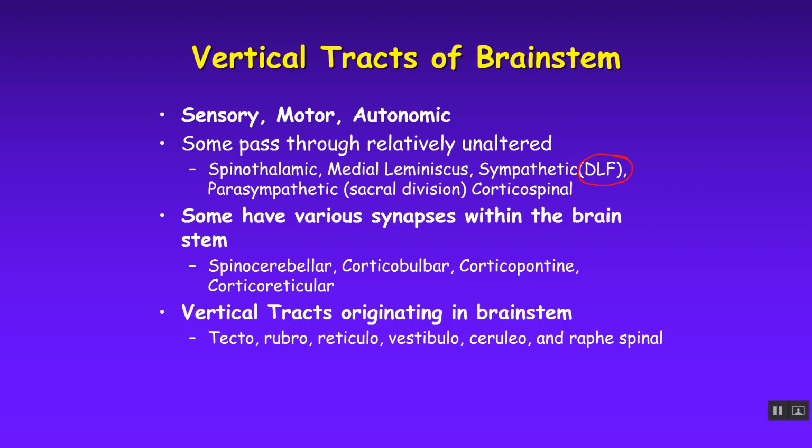So there's an actual tract called the dorsal longitudinal fasciculus that runs down your brainstem to the thoracic spine to communicate with your sympathetic nervous system, but some of that extends all the way down to the parasympathetic fibers coming out of your sacral segments. The dorsal longitudinal fasciculus runs relatively unaltered, right down through your brainstem to go to the sympathetic control, and also parasympathetic for the sacral division.